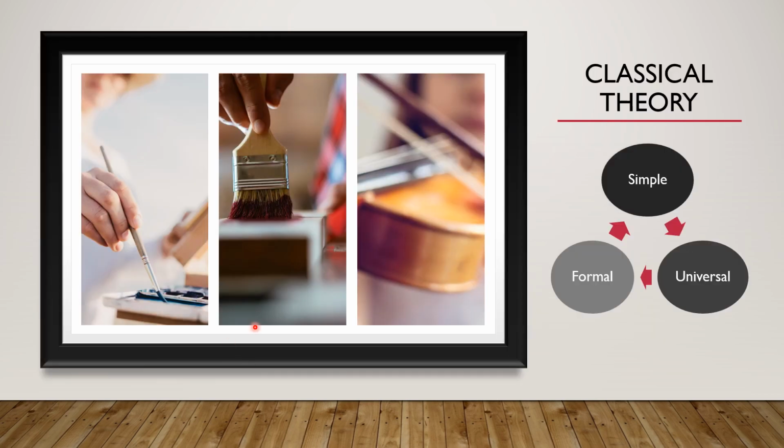So if we see, the classical theory is simple, formal, but universal. Simple in the sense that it actually took care of the lower level management as well as the upper level management. It said that the rule of thumb should not apply.